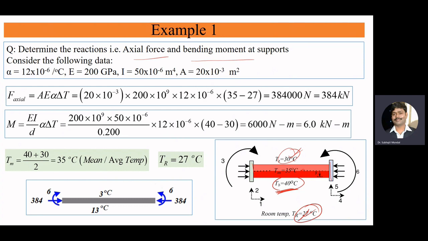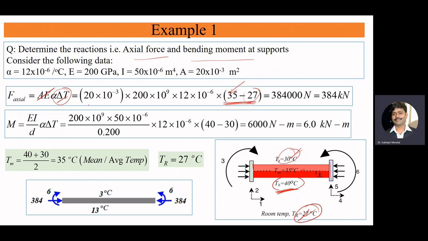Okay, so the axial force which is going to develop is EA alpha times delta T. Here this delta T is the difference between the mean temperature, average temperature, and room temperature.